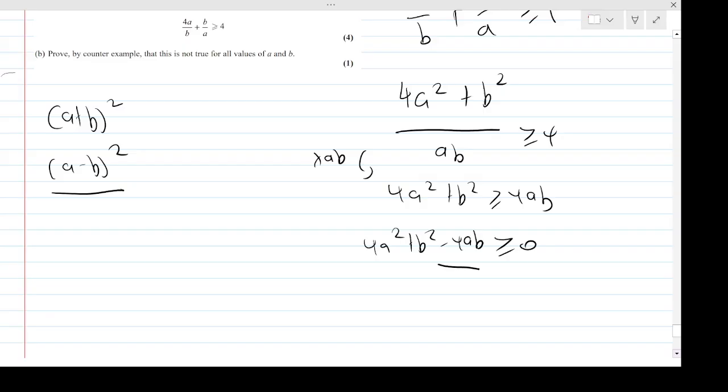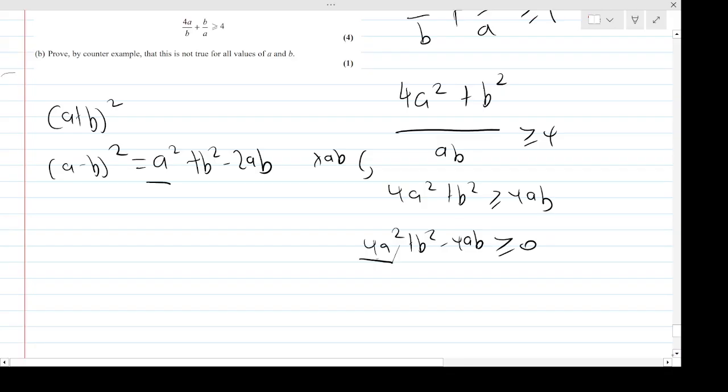If I expand it, I get a squared plus b squared take away 2ab. It's not exactly the same. I have the b squared part, but I have 4a squared in here, and I have a squared here.